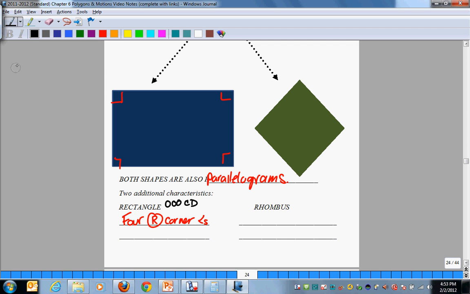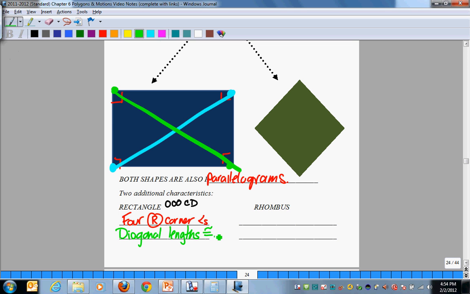And the second additional quality is that this diagonal length and this diagonal length, not only do they cut each other in half, but they are of equal lengths. It's not the case in a parallelogram. In a parallelogram, one diagonal is longer than the other. But here, the diagonal lengths themselves are congruent. Those are the 2 additional qualities of a rectangle.